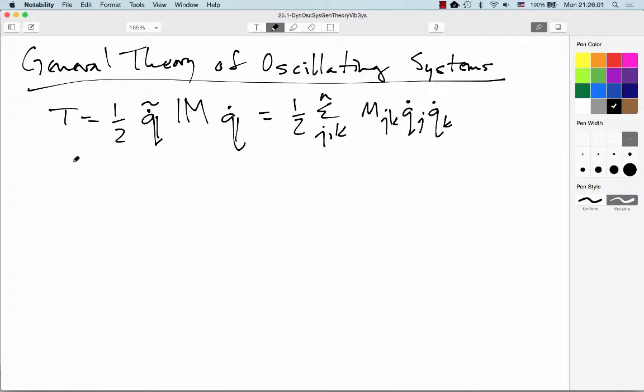All right. Without any loss of anything, we can make all of our generalized coordinates be 0 at equilibrium.